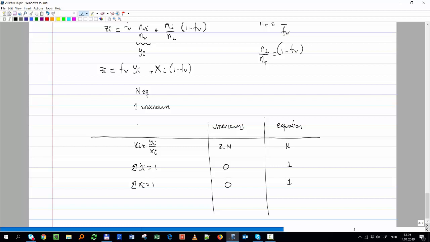And the last one, Zi equals Fv Yi plus 1 minus Fv Xi, gives one unknown and n equations.